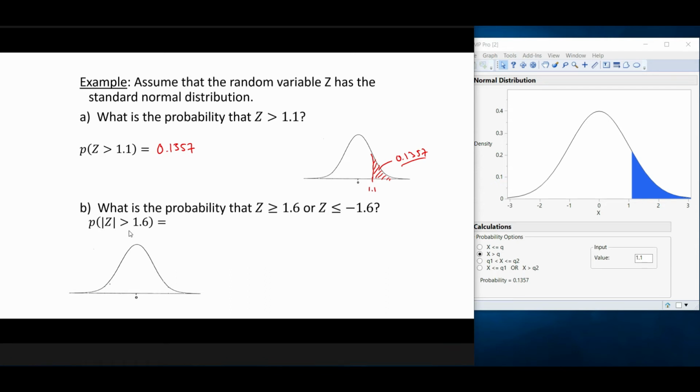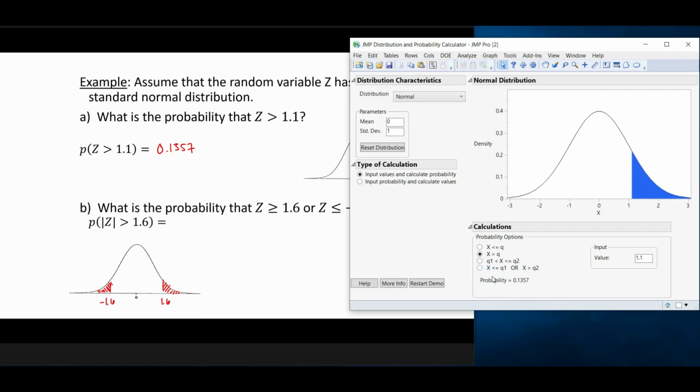Here's negative 1.6, here's 1.6, and the probability that z is greater than that, well, here are the values of z that are greater than 1.6, and here are the values of z that are less than negative 1.6. So I want the areas in the tail.